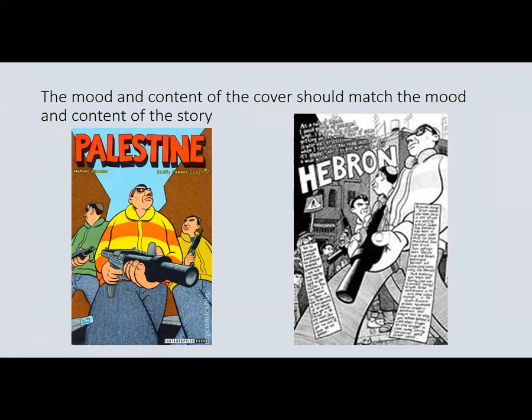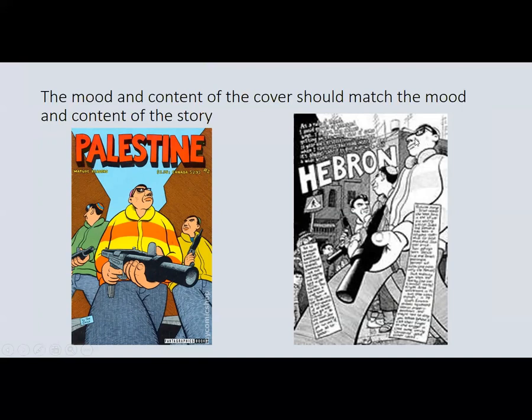I'm not sure what this story is about, but my best friend's Palestinian, so I'm imagining that these are Israelis that are hunting Palestinians in Hebron.